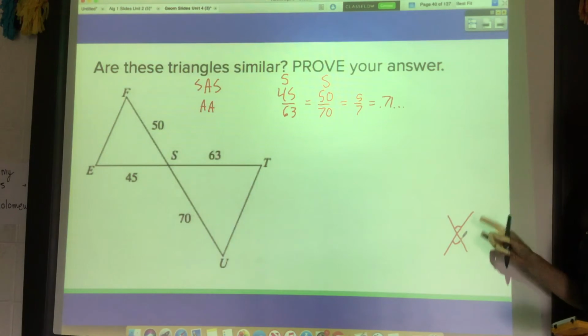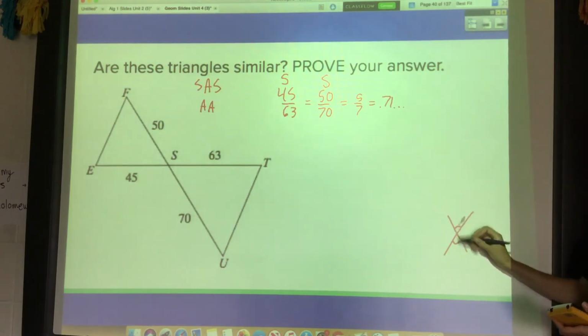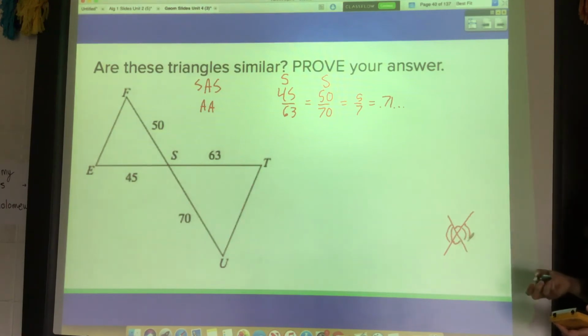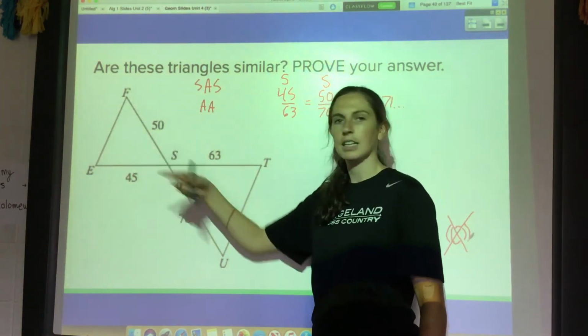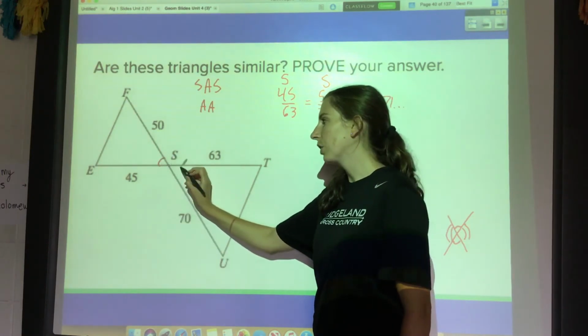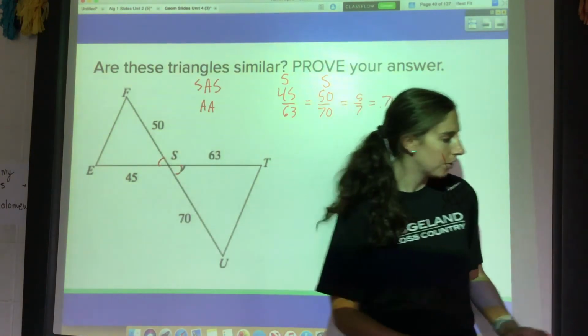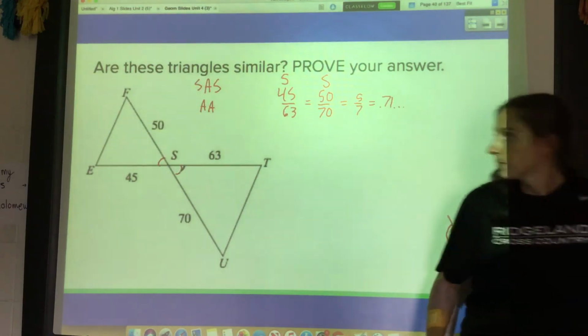So anytime you see vertical angles like this, or even like this, these two are also vertical angles, they're congruent. That is the case here. I have lines that cross, and these are vertical angles. And so I know for a fact that they're congruent.